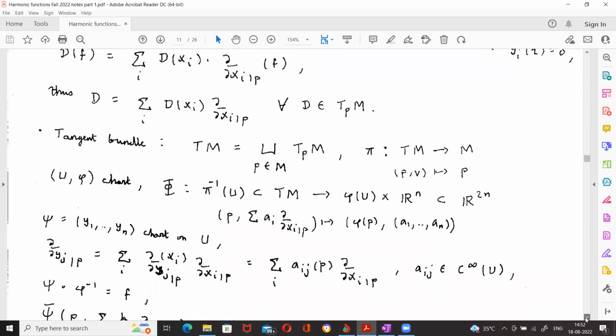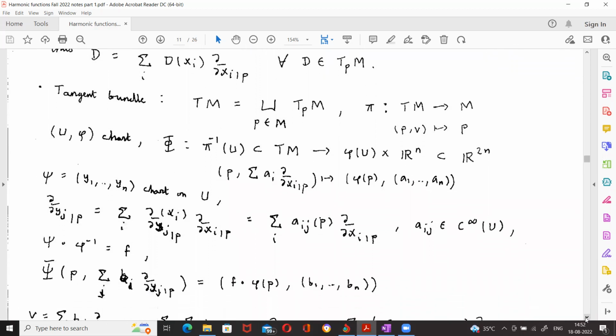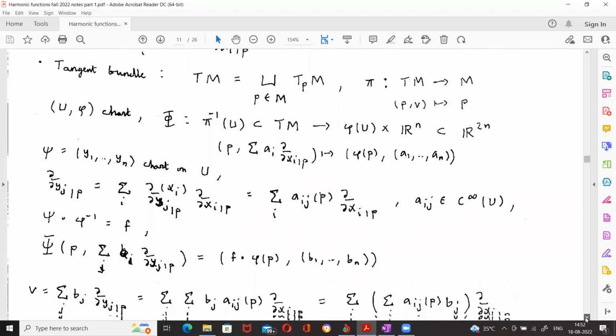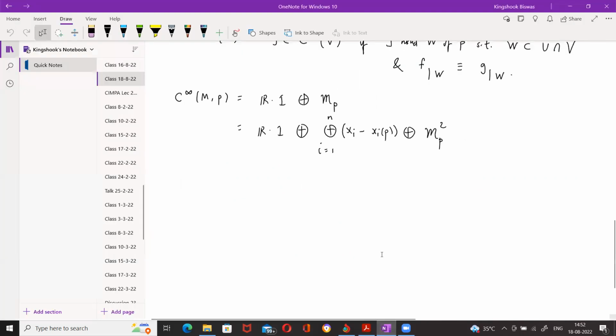Yes, sir. So now let's move on to, just briefly, what's called the tangent bundle of a manifold. First, let me just give you a picture so that it's not too abstract.